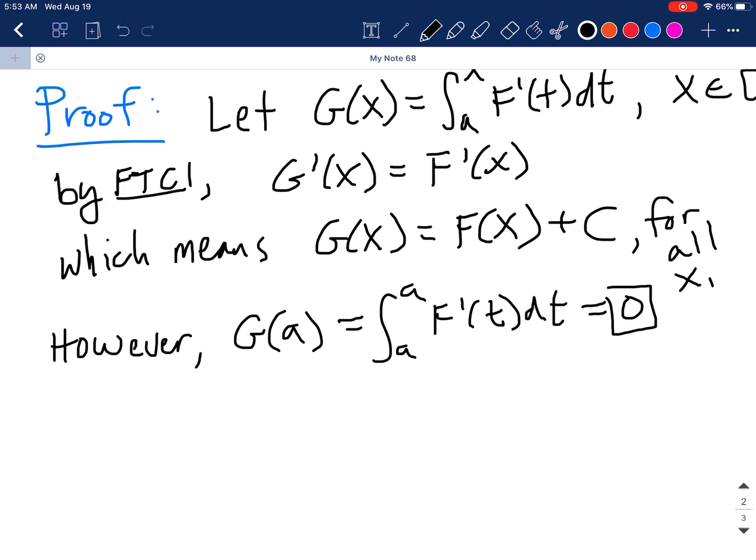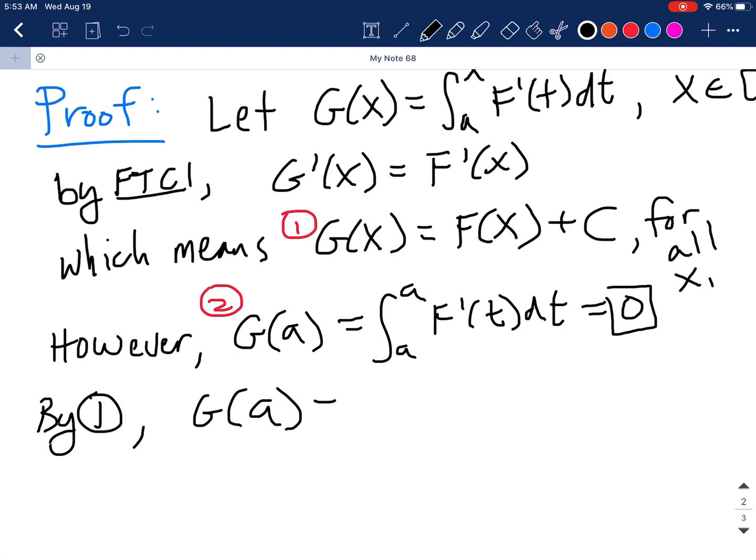And so what that's going to mean is, if I call this 1, call this 2, by 1 then, we know that g of a is equal to F of a plus c, but this is just 0.